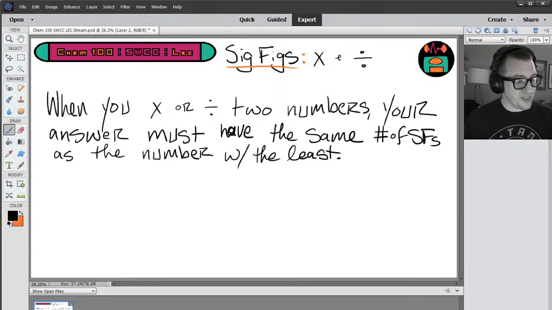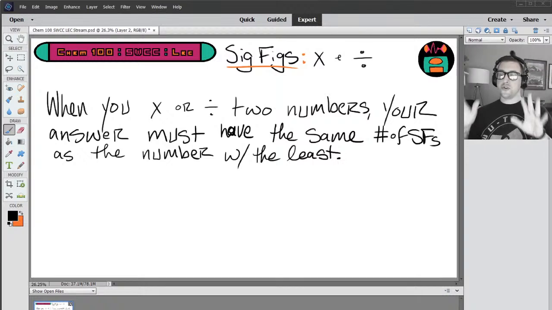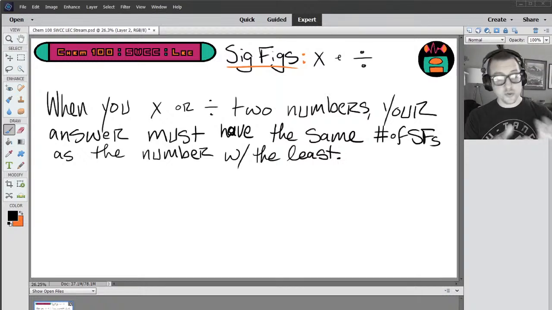That is how you apply the rules for significant figures when you are multiplying or dividing.